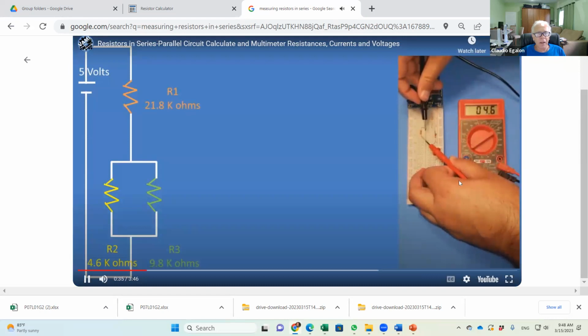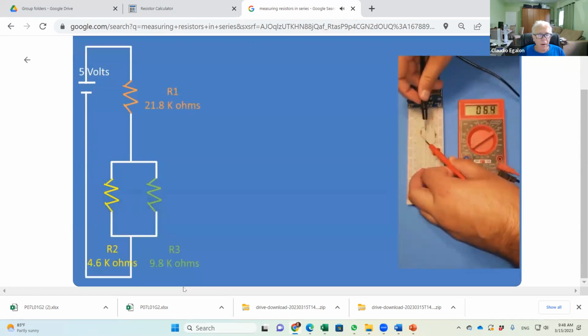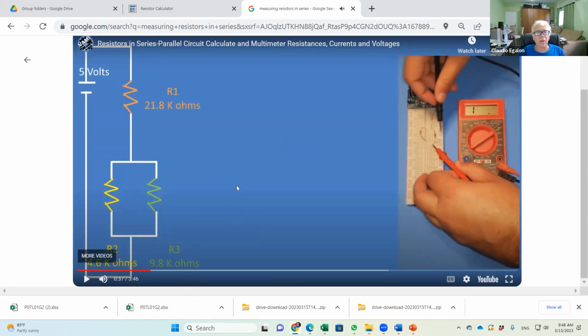He's measuring the resistance of this resistor separately. This one is 4.6 kiloohms for resistor 2, 4,600 ohms, because this multimeter is set in the kilo ohm range. Okay, so he's taking the measurement of each resistor separately.